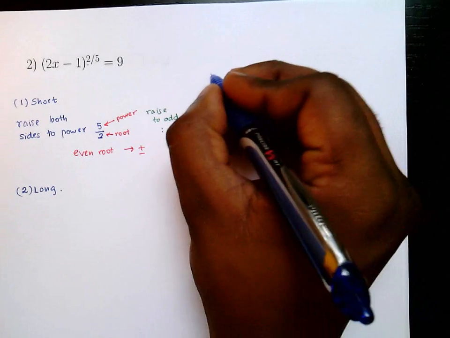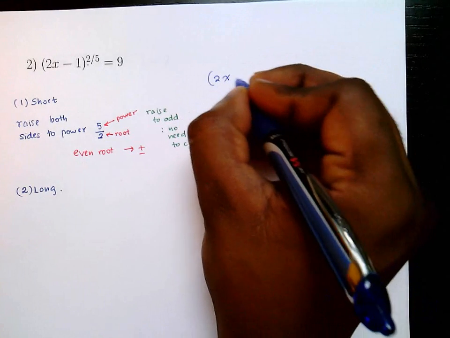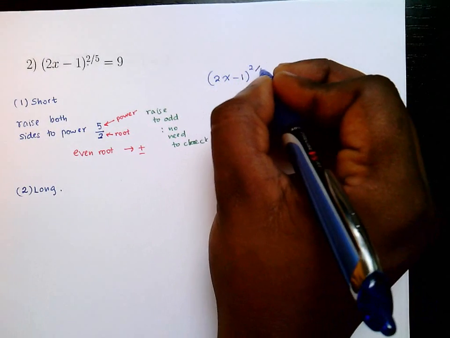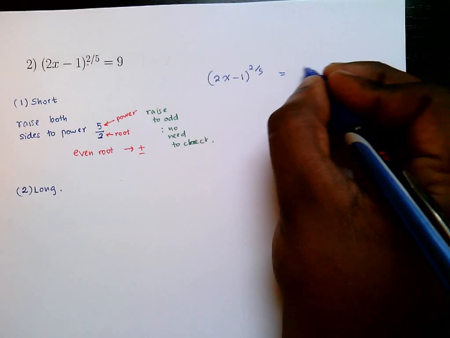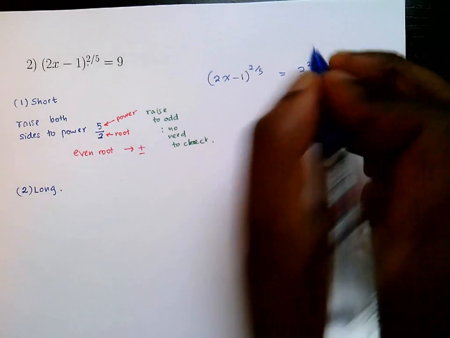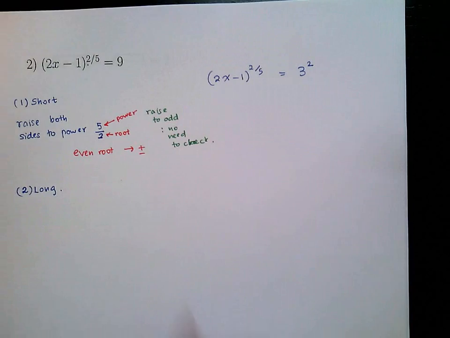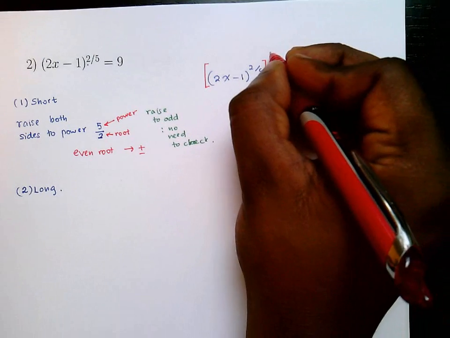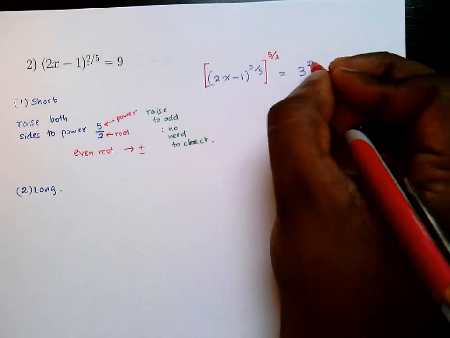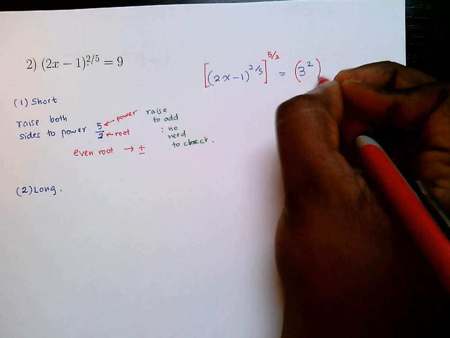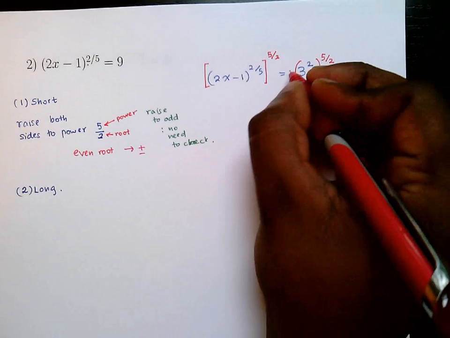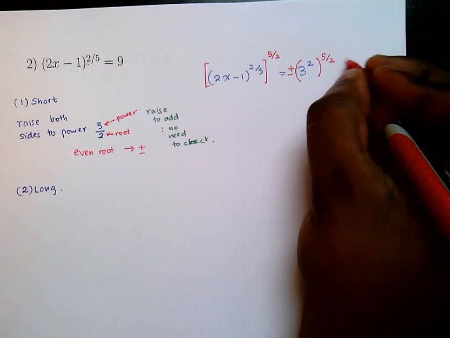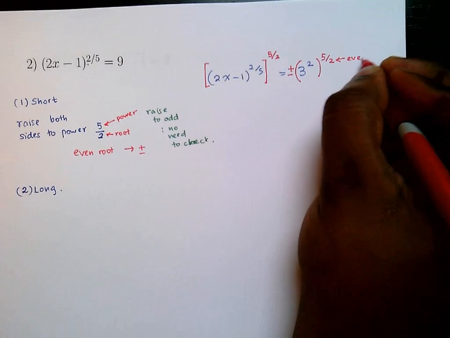So what we have originally is this, and I will write 9 as 3 squared. Then I would raise both sides to 5 over 2 here and 5 over 2 here, and I would put plus or minus because this is even.